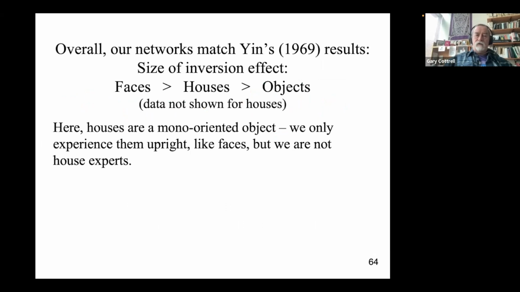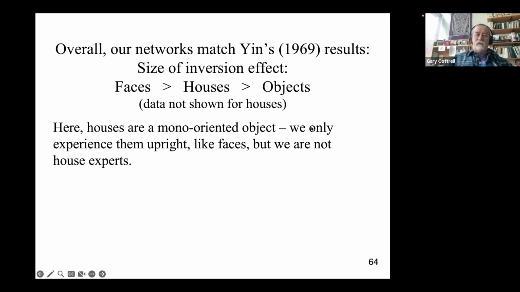So overall, our networks match Ian's 1969 result. Among the objects that we trained it on, we also added in houses, and we saw that in our model, I'm not showing you the data right now, the size of the inversion effect is biggest for faces, intermediate for houses, and least for objects.